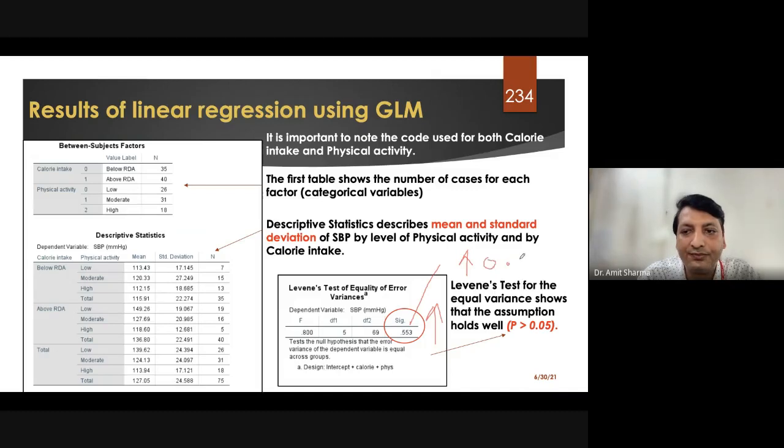This should be more than 0.05, and here we have got 0.55, which is more than 0.05. So we can say that equal variance has been observed between all the six groups.